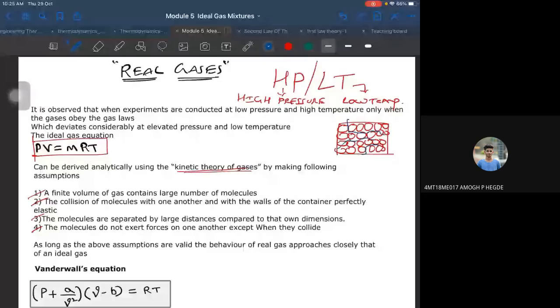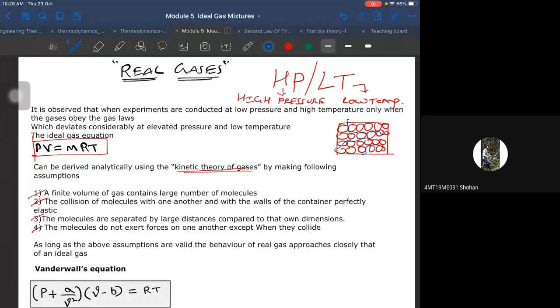Second assumption, anyone? The collision of molecules with one another and with the walls of the container is perfectly elastic.